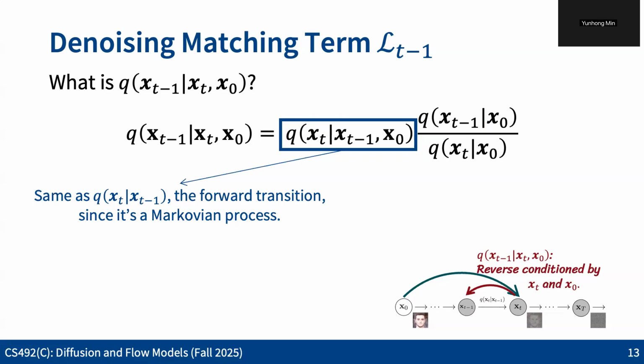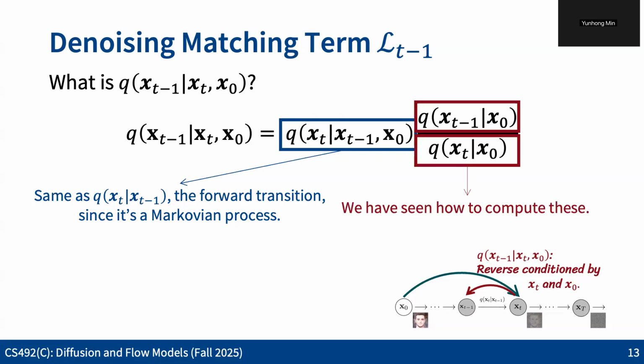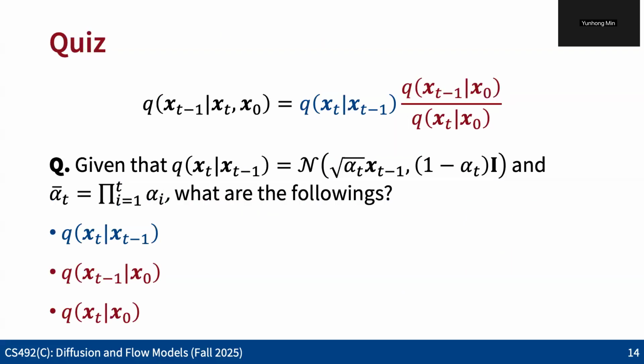Also, in the previous lecture, we have seen how we can derive the closed form for this. Do you remember how we derived these things? That's the first quiz. Before we get into more details, based on the definition of the forward process here, and also how we define alpha t hat here, let's see how we can derive the closed form of all those three terms.